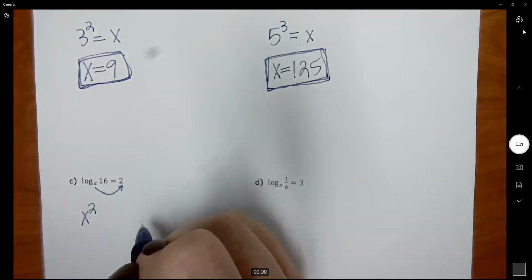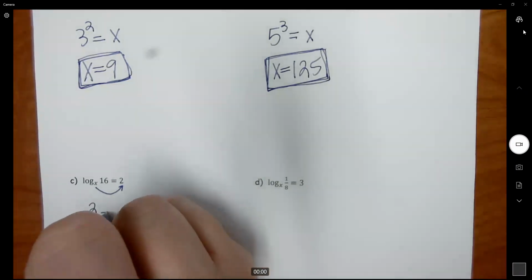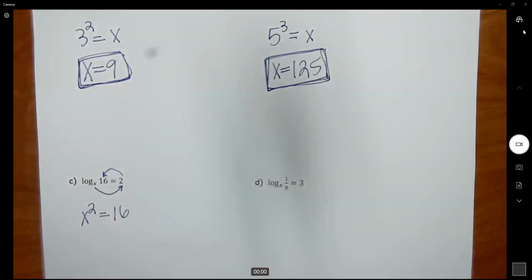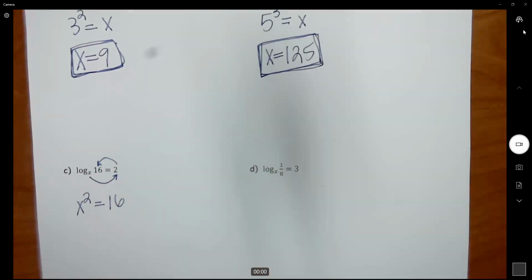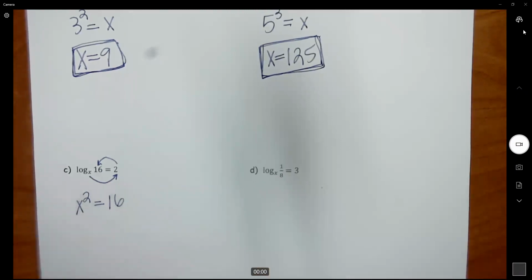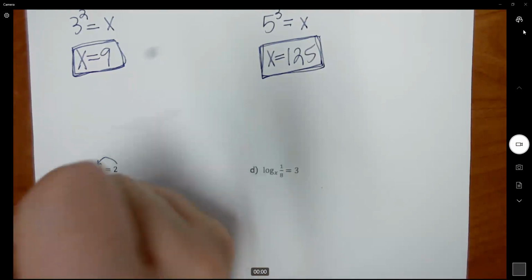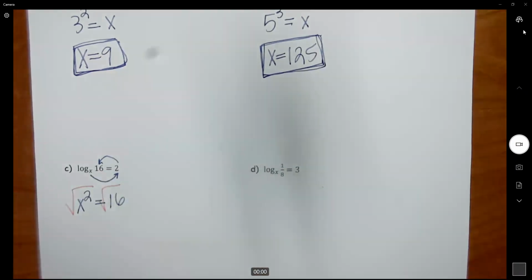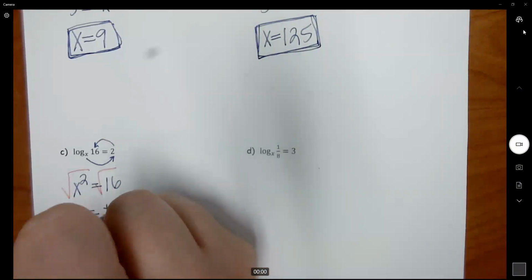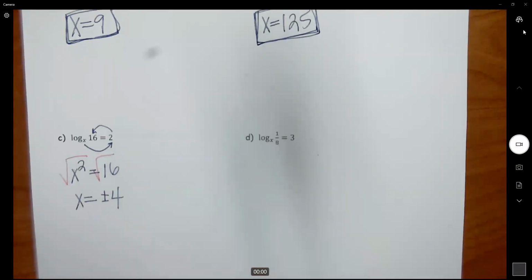So x squared equals my big number of 16. Now with this, to solve for x, we'll take the square root. And we get x equals plus or minus 4.